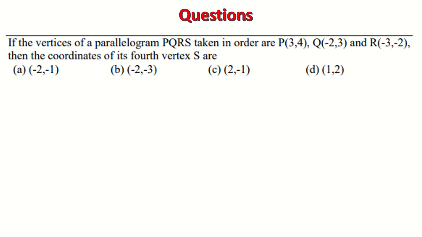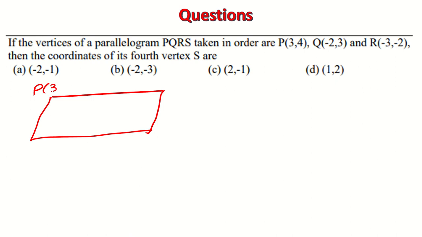That may be something from, what do you say, case studies. Like, if the vertices of a parallelogram PQRS taken in order are given, find the coordinates of its fourth vertex. Now you see, this question may be of 1 mark. This is the parallelogram.